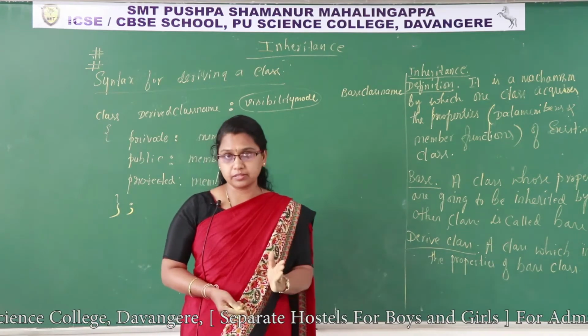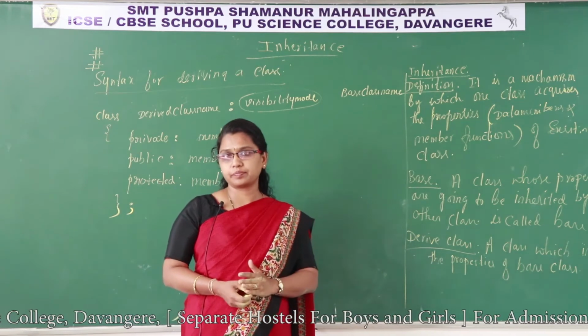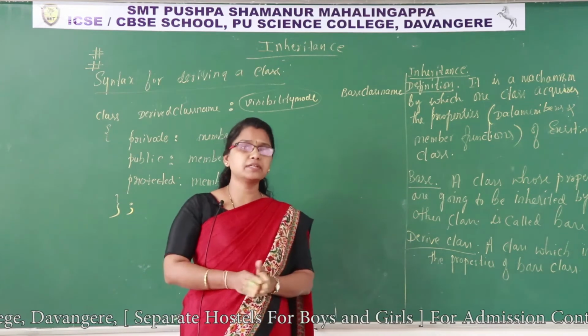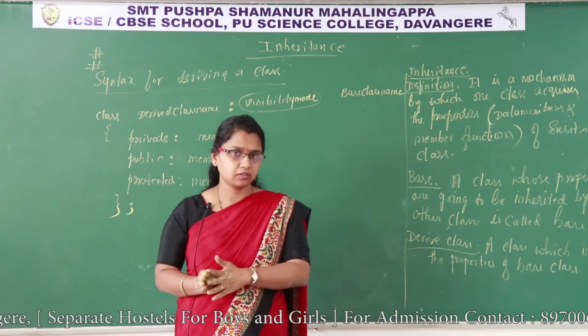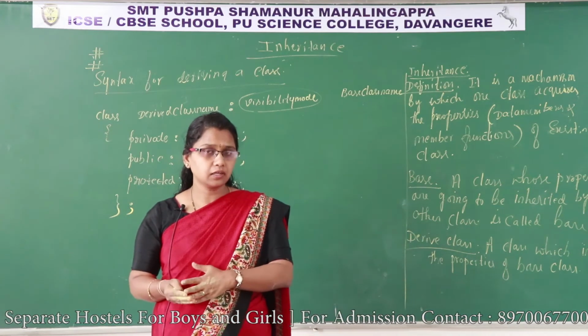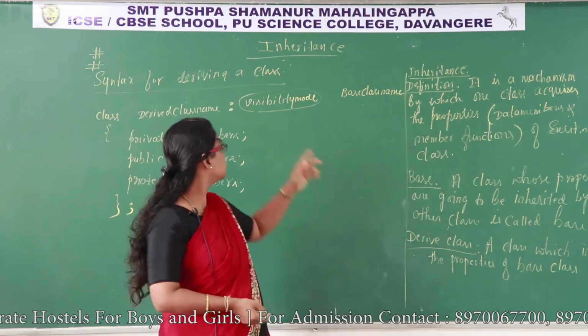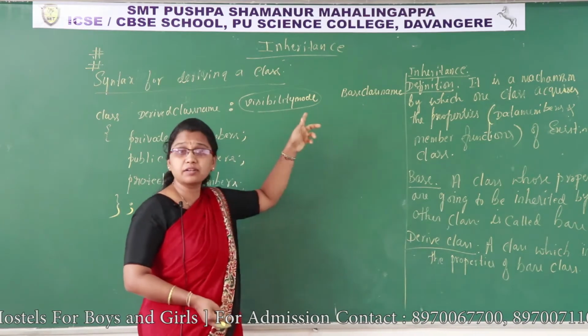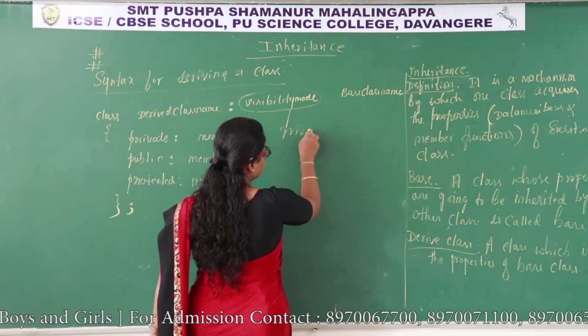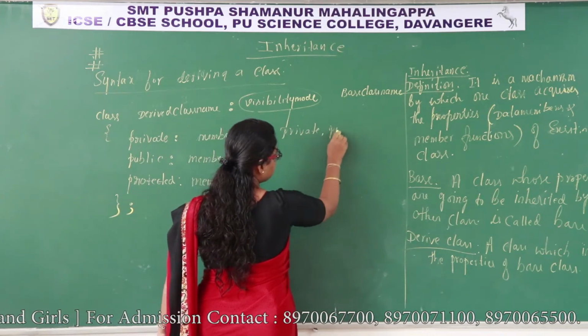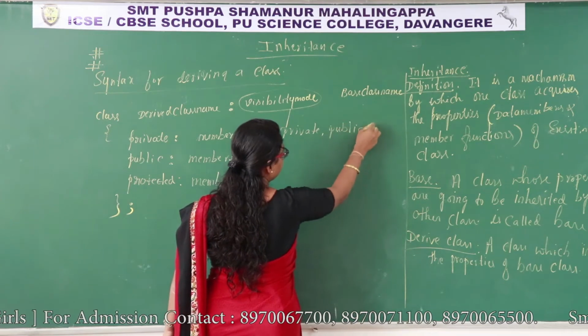All these members are there in a class. So whether all these members are going to be inherited to the derived class? For this question, the answer depends on visibility mode. What are the different visibility modes? Private, public and protected.